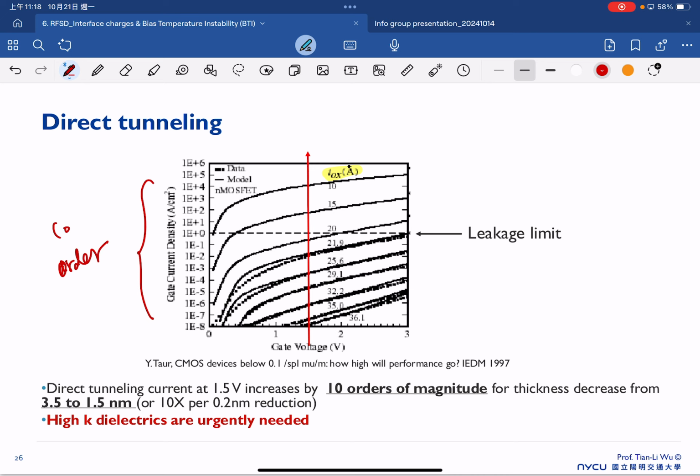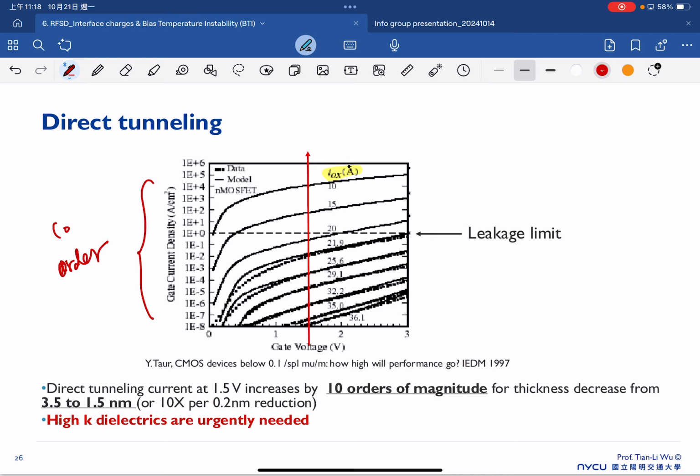So that's why, as I already mentioned early in this class, we talked about the high K dielectric. The reason we need a high K comes from this basic equation, that the drain current is proportional to our oxide capacitance, and oxide capacitance is related to the dielectric constant over the thickness. So one possible way to increase the transistor performance is, for sure, to decrease the thickness.